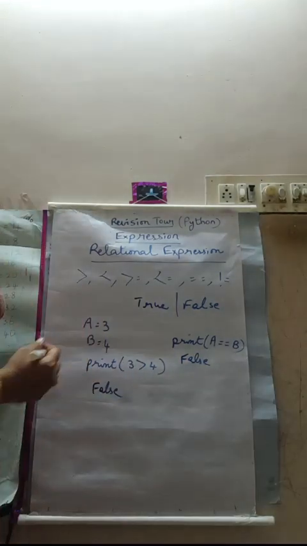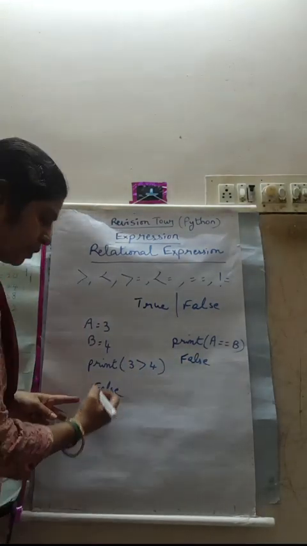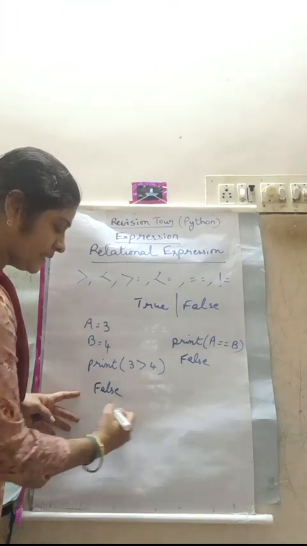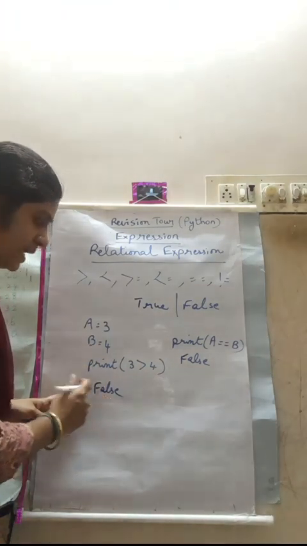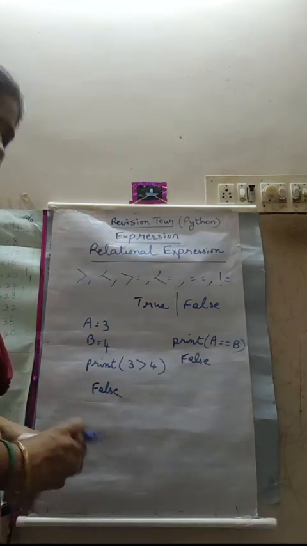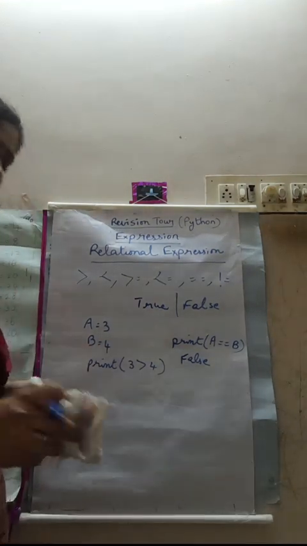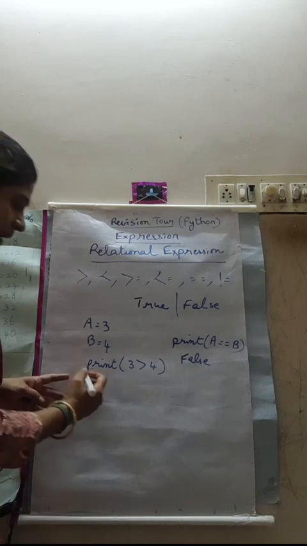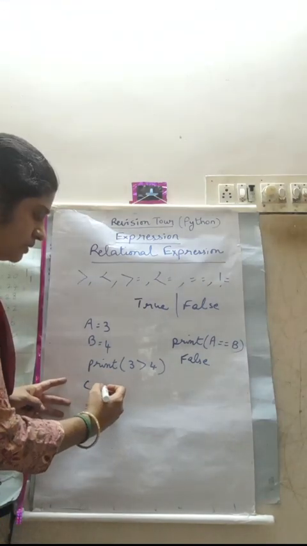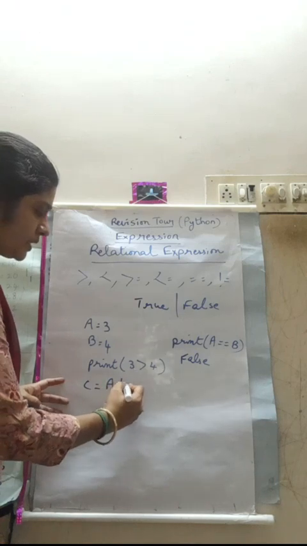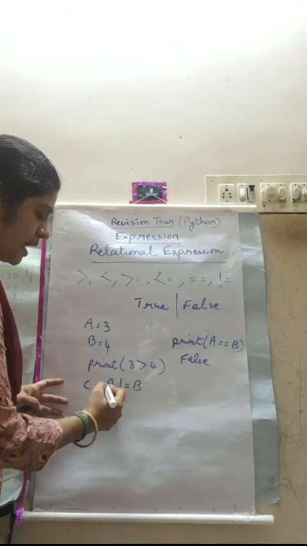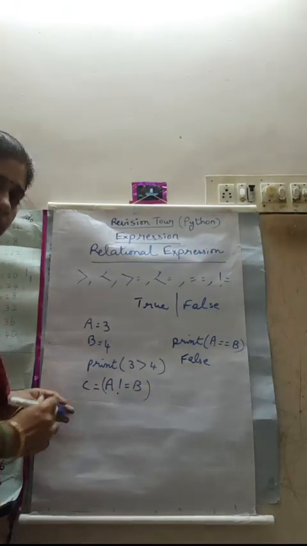If you want, you can store it in a variable also. I can write A is equal to 3, B is equal to 4, then C is equal to A is not equal to B. I can store the value of this.